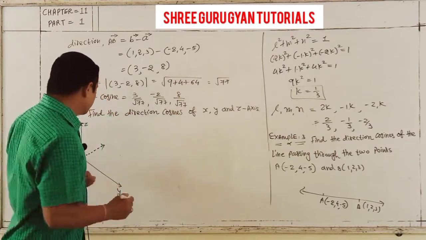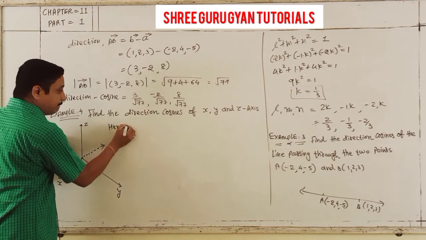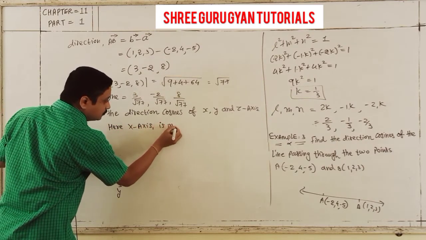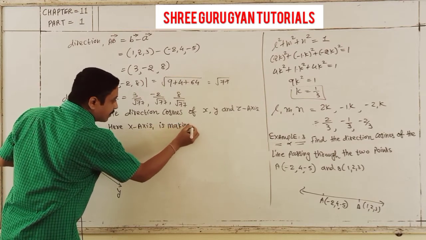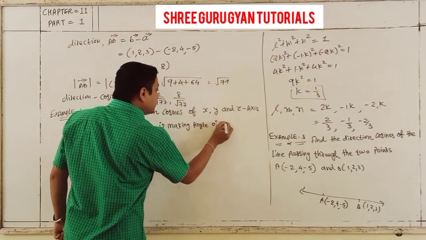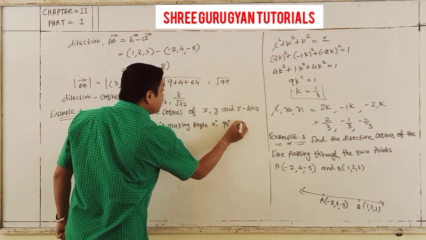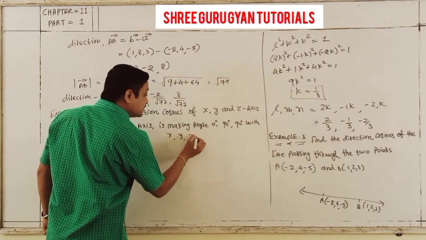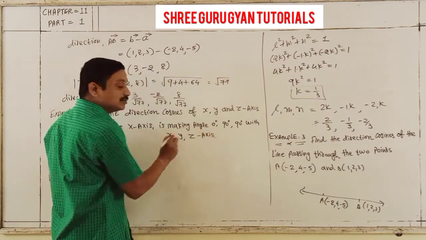So students, I will take the x axis making angles 0 degree, 90 degree and 90 degree with the x, y and z axes, that you know.